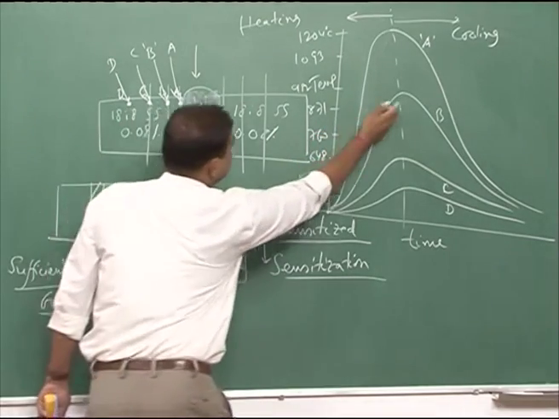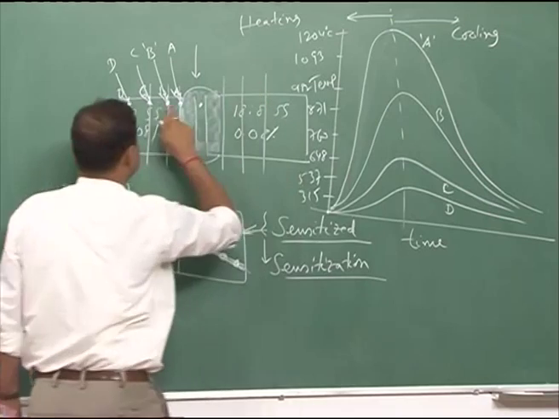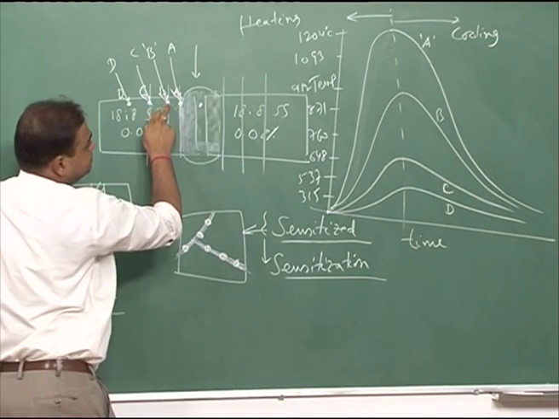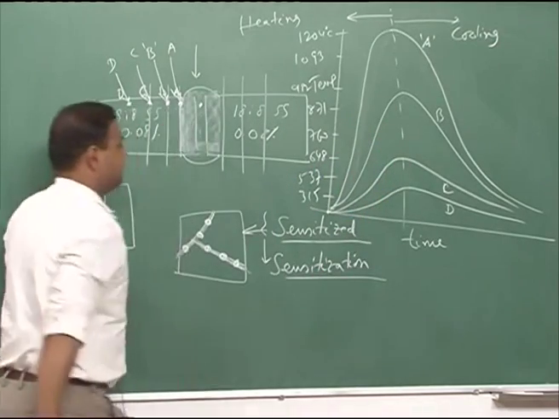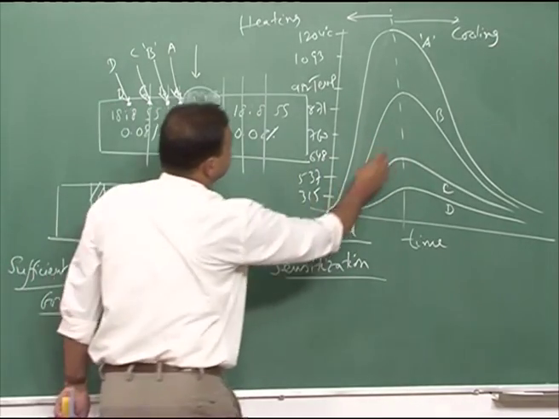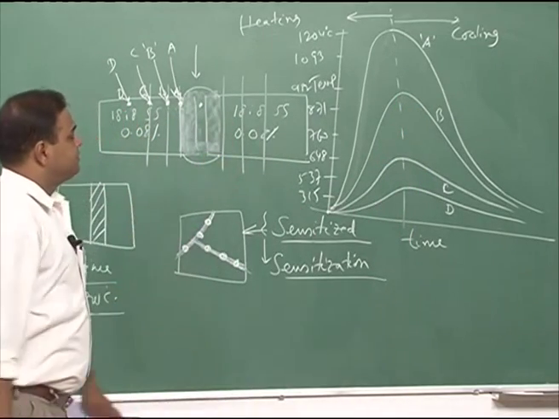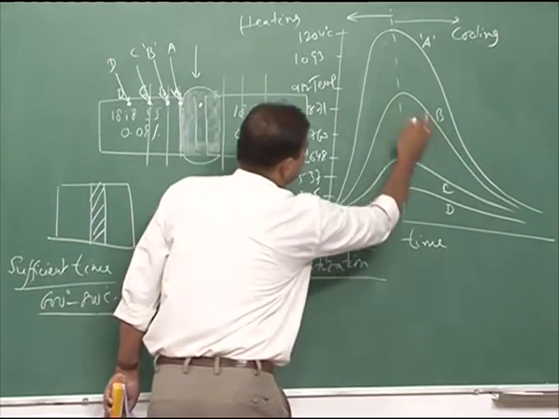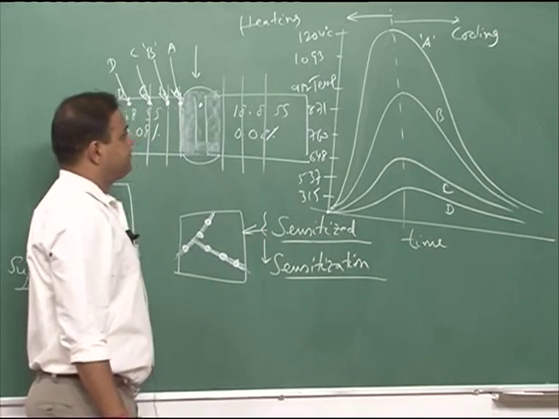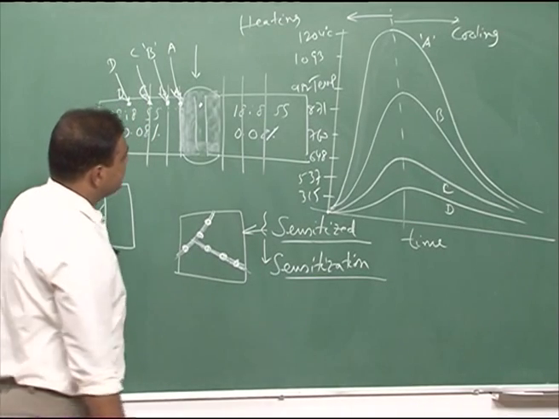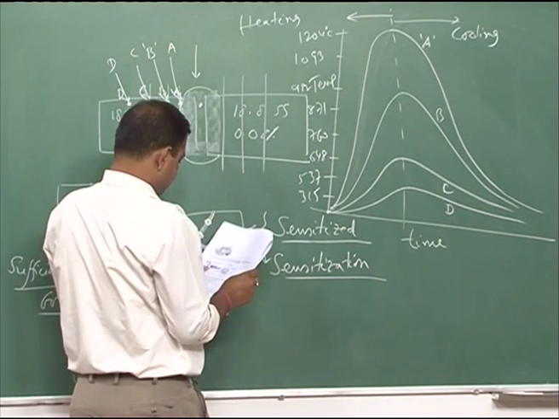So, that is what you are seeing, that thermocouple B shows this is the maximum temperature that can be attained at this point, and gradually if you go this way, the maximum temperature would also decrease. And since you have lower and lower temperature gradient, you have sluggish cooling rate as we go down like this.